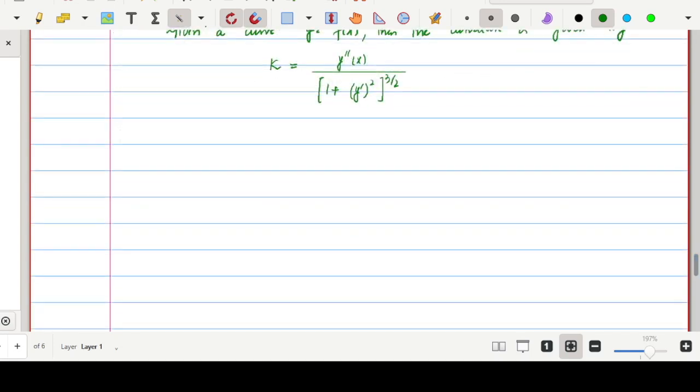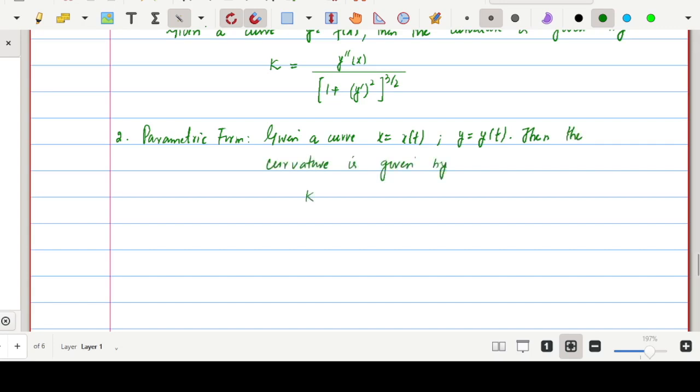Now similarly, we may have a curve given in the parametric form. So we have a parametric representation of a curve. Suppose we are given a curve x is equal to x of t and y is represented as y equal to y of t. Then the curvature is given by, again we shall denote it by the same kappa.